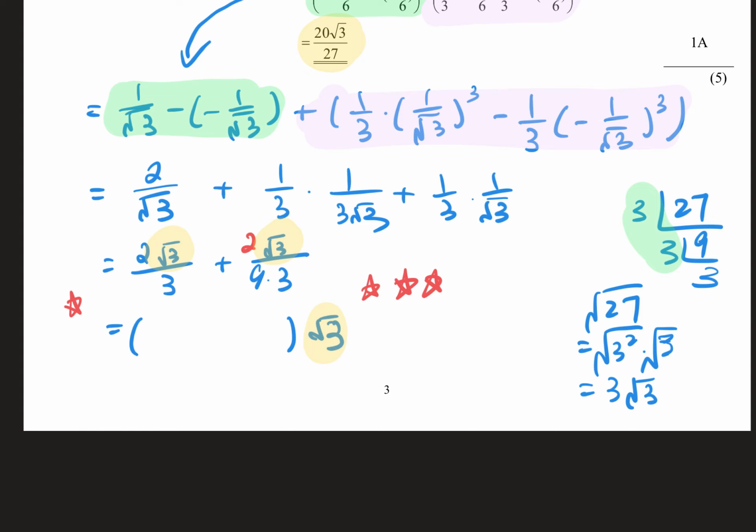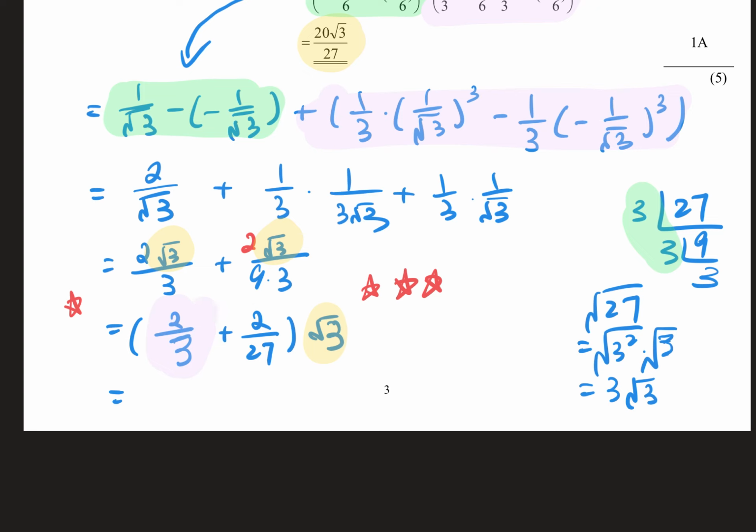But my key point is to simplify the rest of the numbers, right? At this part, you will be able to solve them even though you use a calculator.